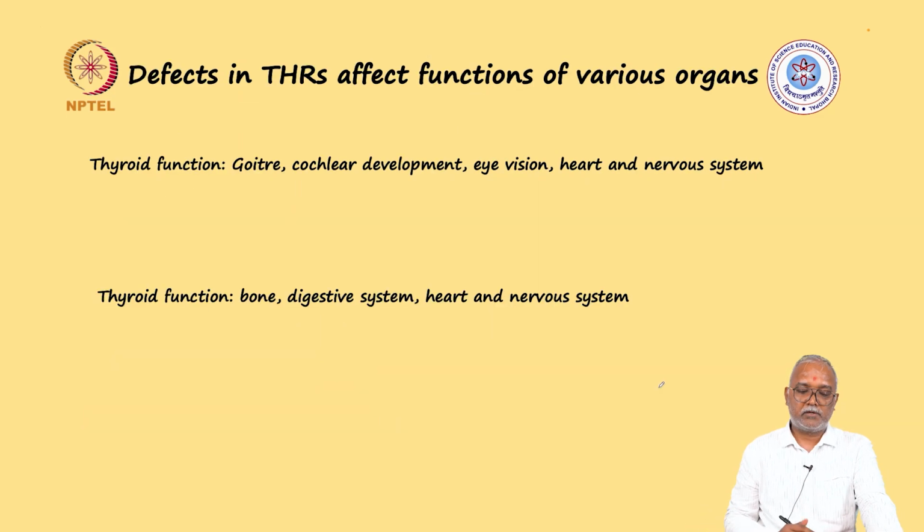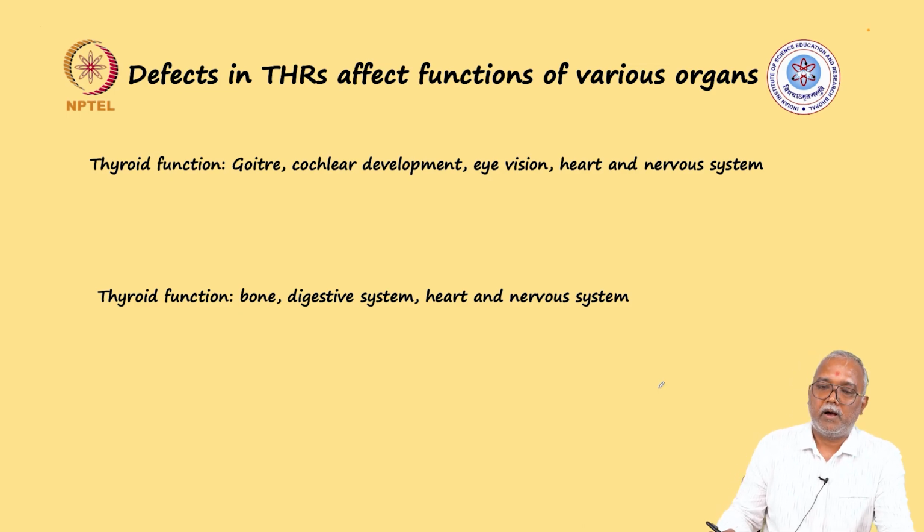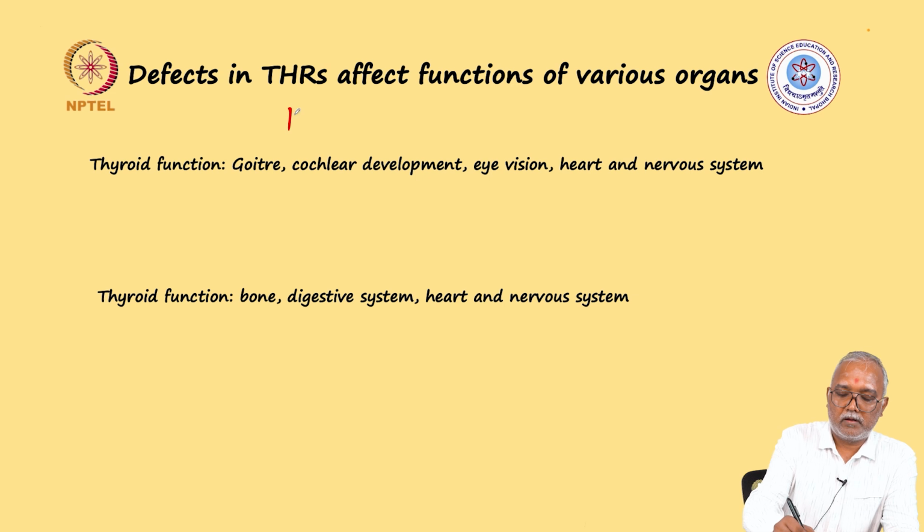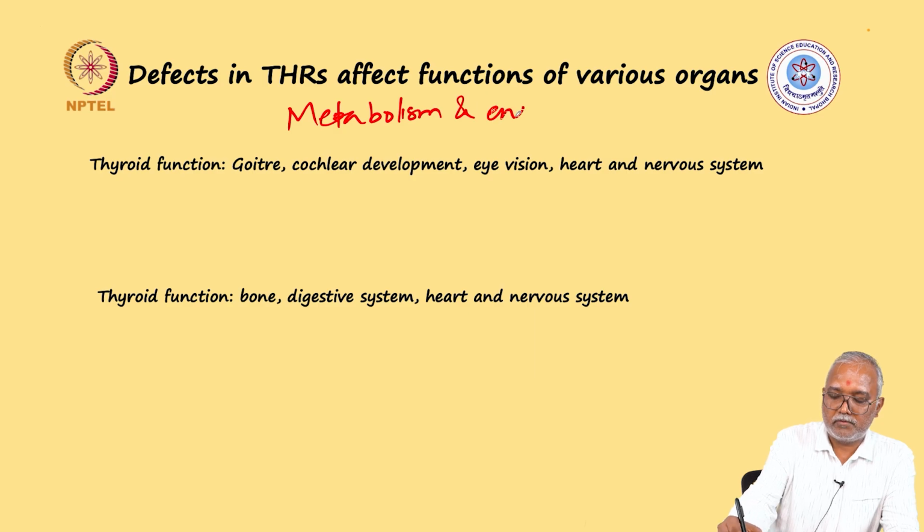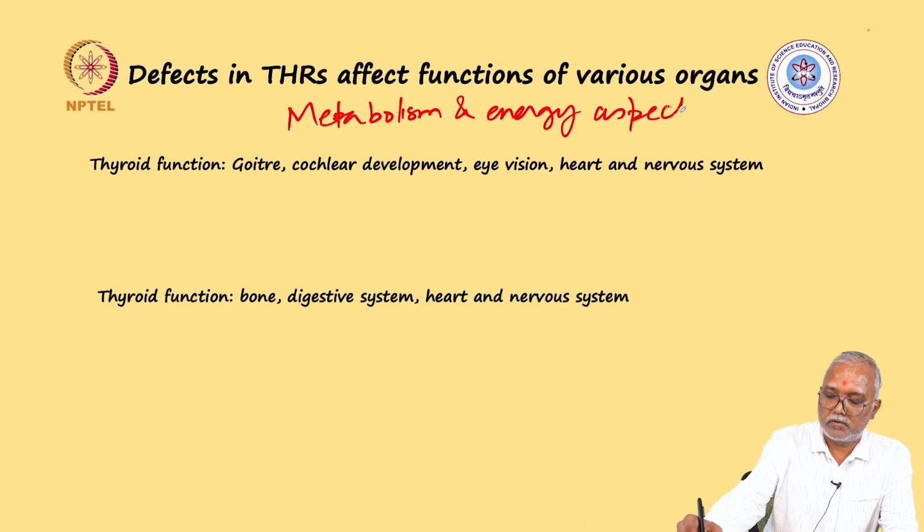Now what happens to the function of these THRs and different organs which is being affected? You know that thyroid has very important function in metabolism and energy aspects of the organism.